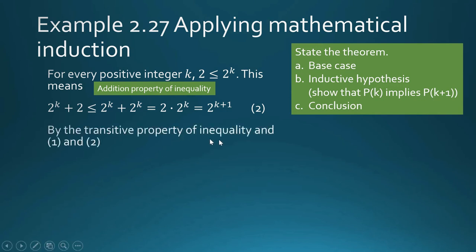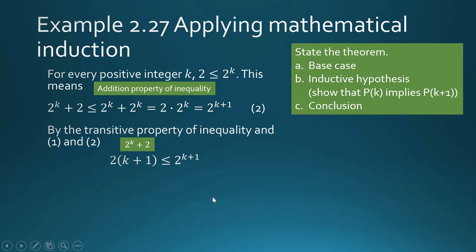By the transitive property of inequality and by statements 1 and 2, 2 times k plus 1 is less than or equal to 2 raised to k plus 1. Now look at this. 2 raised to k plus 2 is less than or equal to 2 raised to k plus 1. Okay, so that comes from your statement here labeled as number 2.